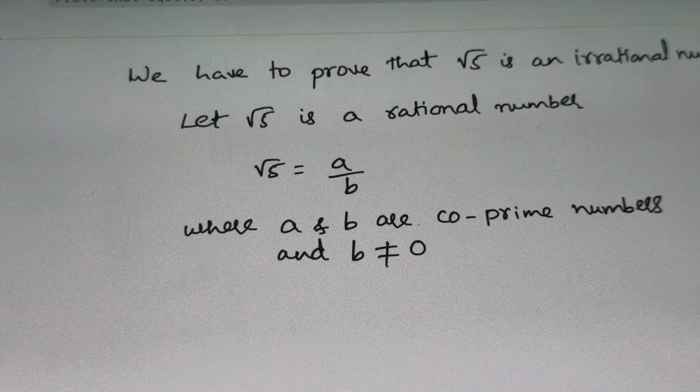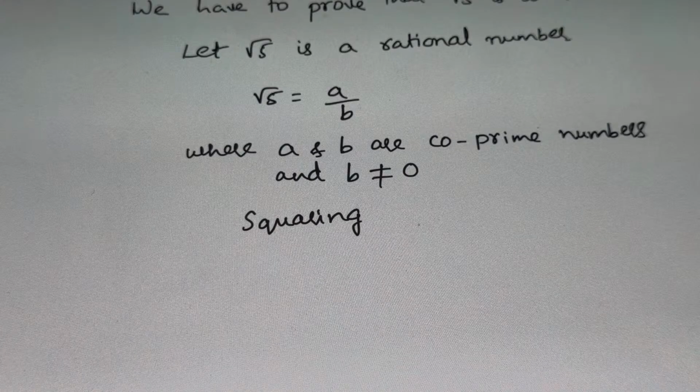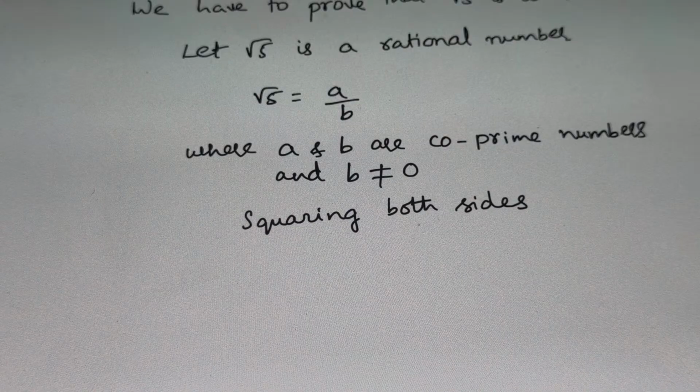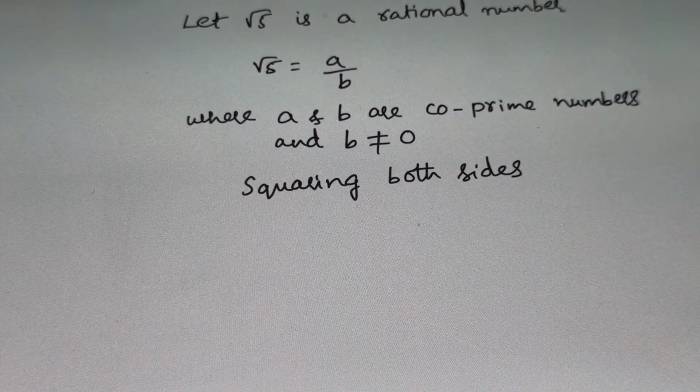Now you have to square on both the sides to get the required values. So squaring on both the sides we get root 5 whole square is equal to a square by b square.